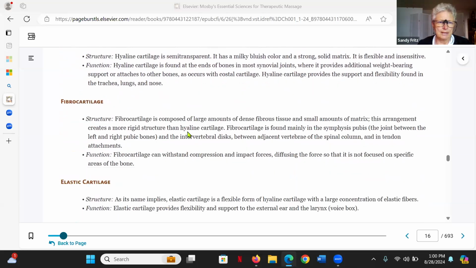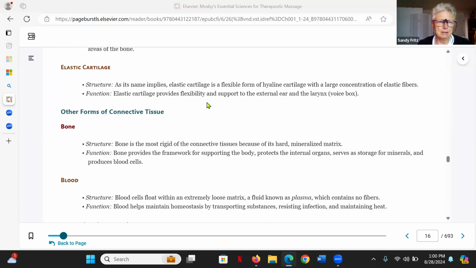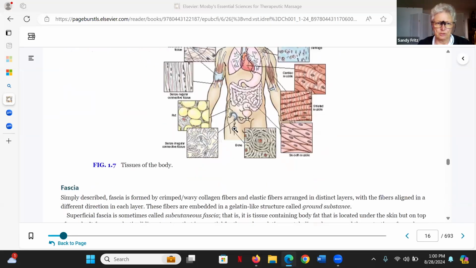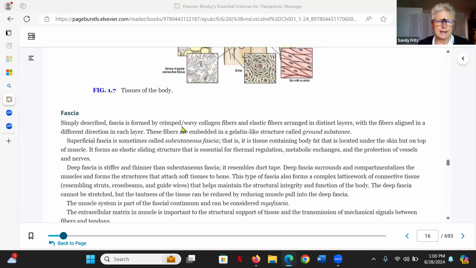You're going to want to have an idea of what these are. And then here's a fun little picture. And then here's the fascia. You'll hear us use that. It's a type of connective tissue, but it forms in sheets and it connects parts of the body together.